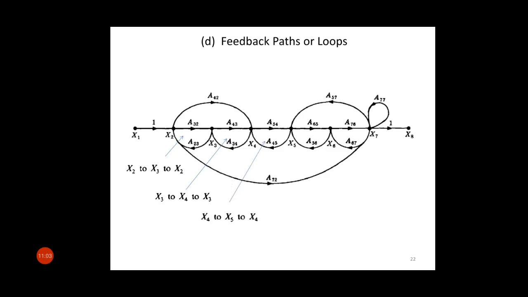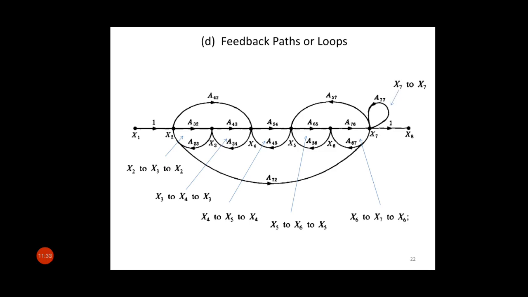The third loop starts from x4 to x5 and back again to x4. This is the fourth loop, from x5 to x6 and back to x5. And this is the fifth loop, from x6 to x7 and back to x6.